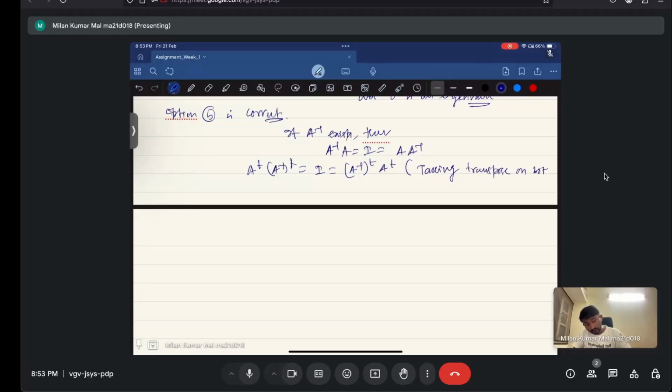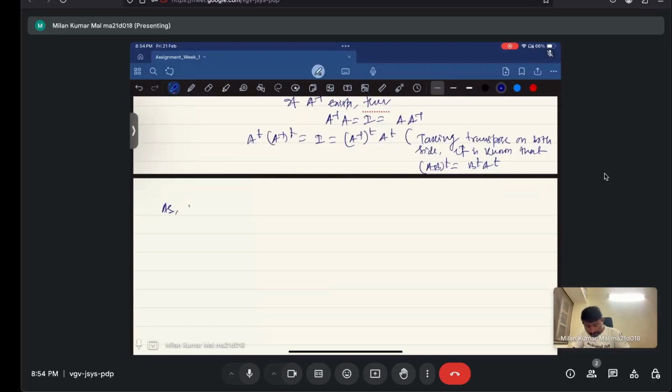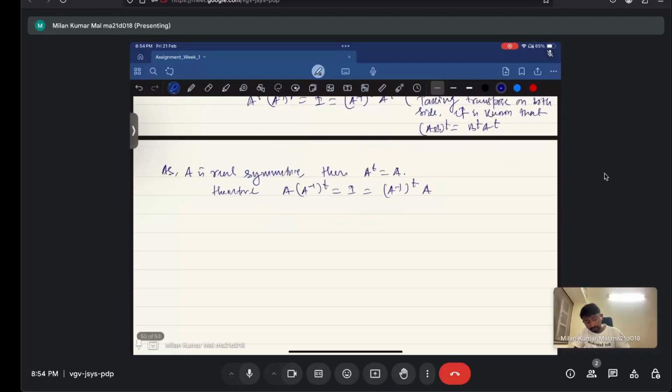It is known that (AB) transpose is equal to B transpose A transpose, and as A is real symmetric, A transpose is equal to A. Therefore A inverse transpose times A is the identity.